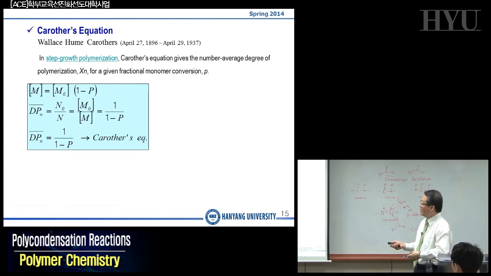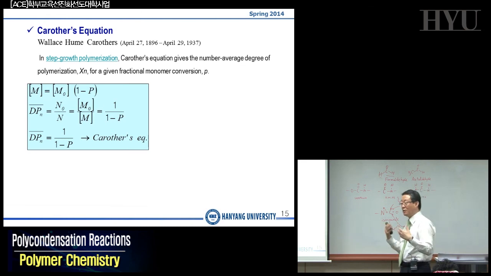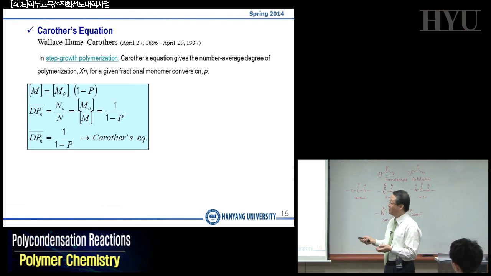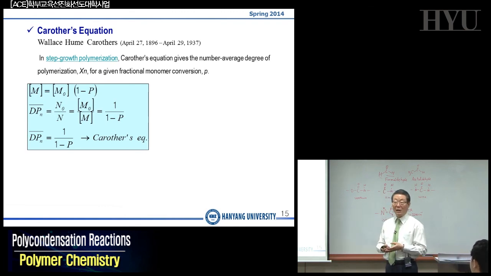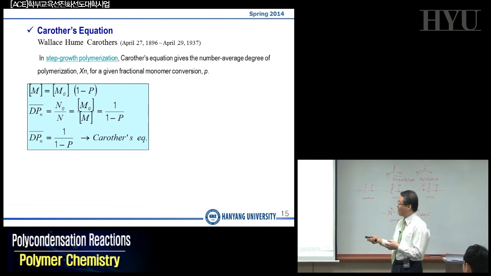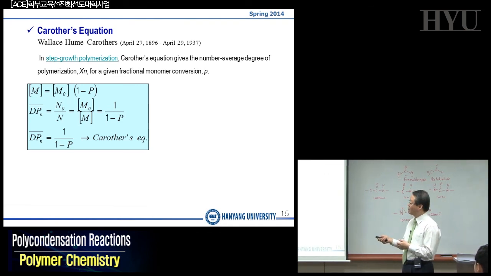So the degree of polymerization, DPn, is equal to the initial number of molecules in your system divided by the number of molecules after time t, after reaction, which is defined as N. If you replace N with M, it's about the same.